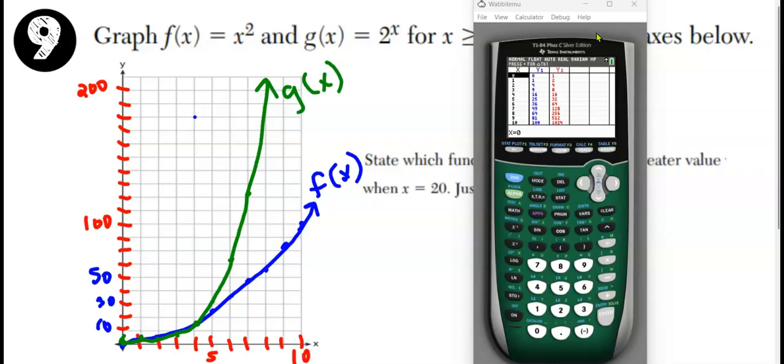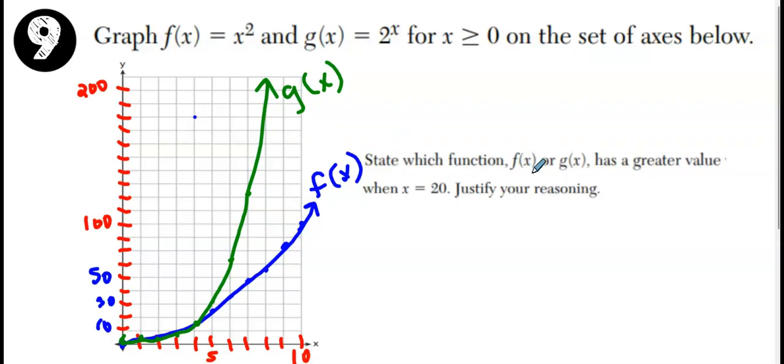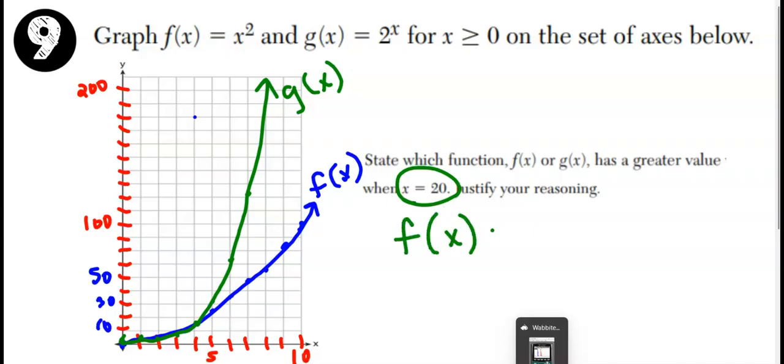All right. Now the question says, state which function has a greater value when x is 20. Justify your reason. So you can either write the table from your TI-84 here. You can go all the way up to 20. Or you can show 20 being substituted into each of the equations. So f of x equals x squared. So if I put a 20 here, I got to put a 20 there.